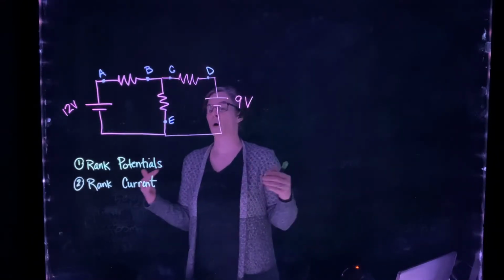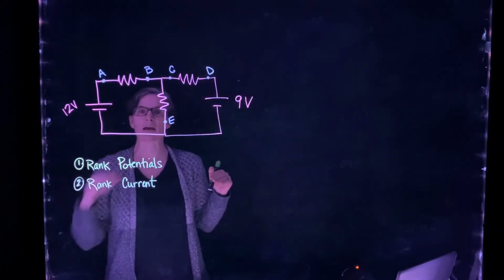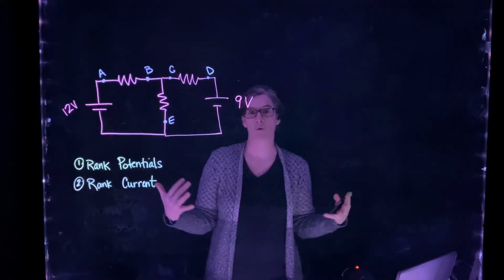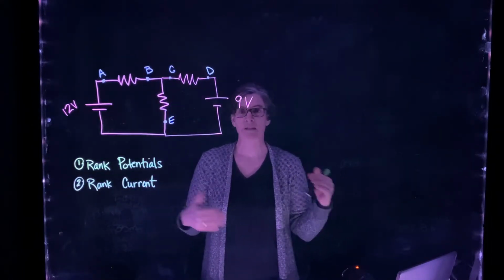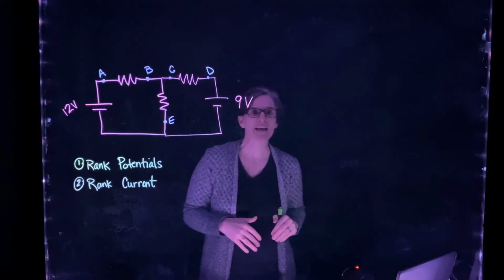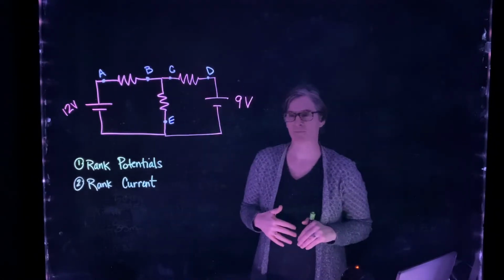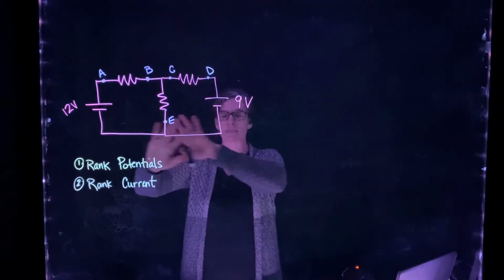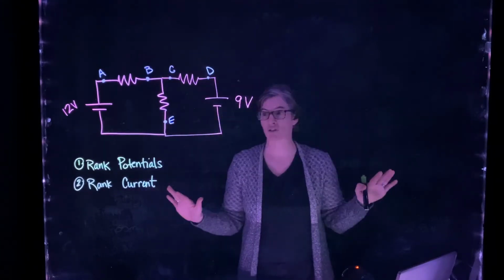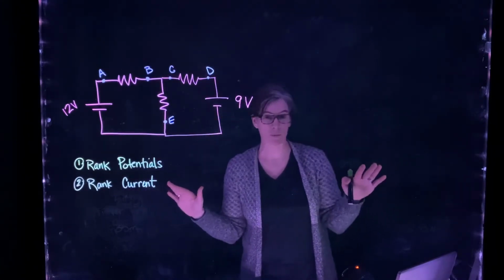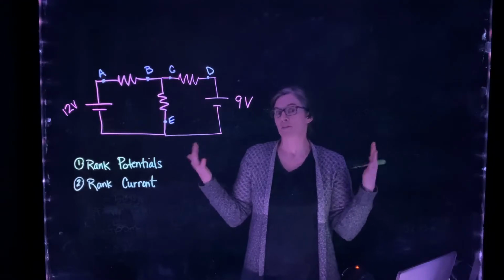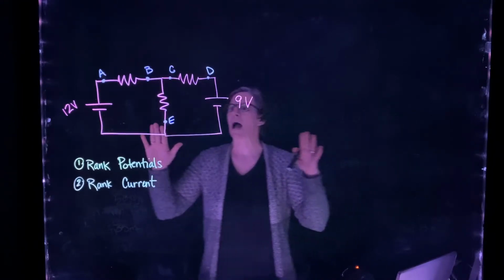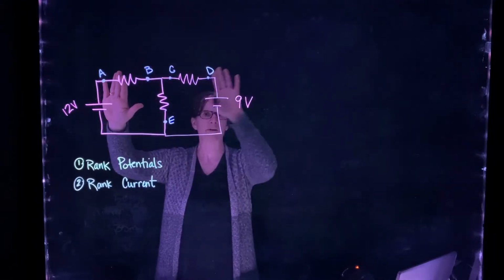So we know that across this battery we have 12 volts of potential, and across this battery we have 9 volts of potential. If we imagine that the bottom is our lowest potential in the circuit, so 0 potential, our reference potential, how does A compare to D?